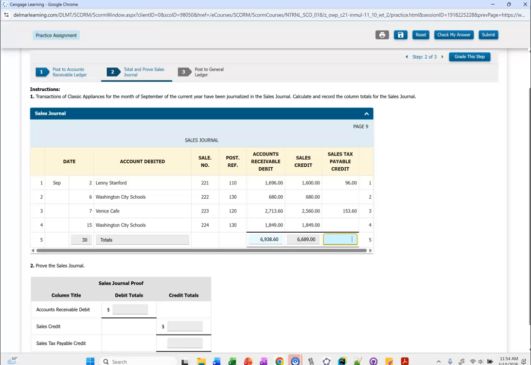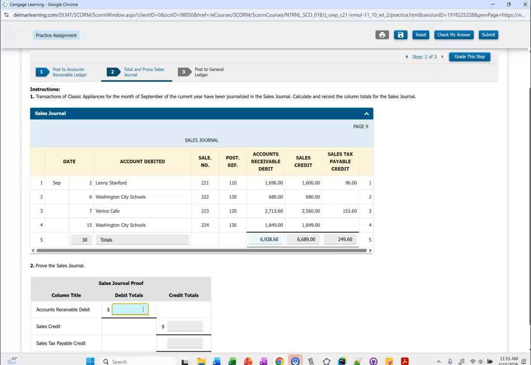And then I add that last column. 96 plus 153.60 gives 249.60.